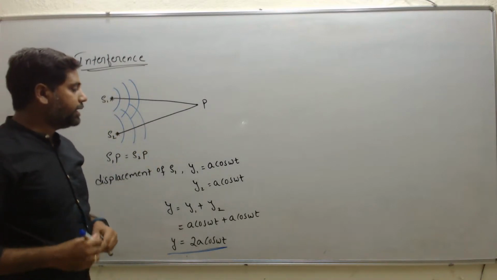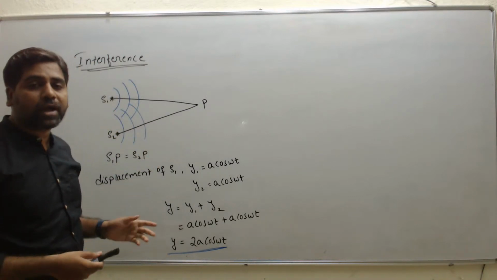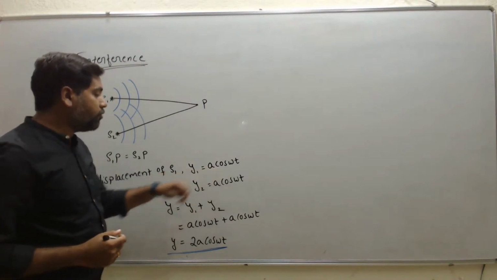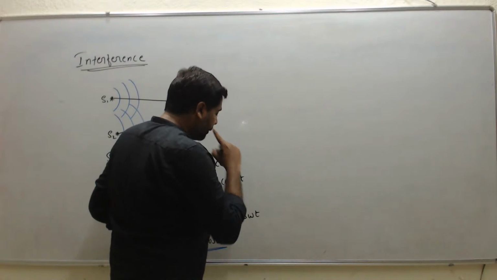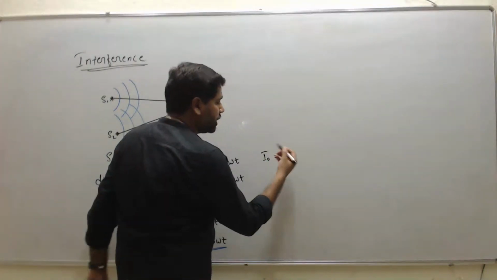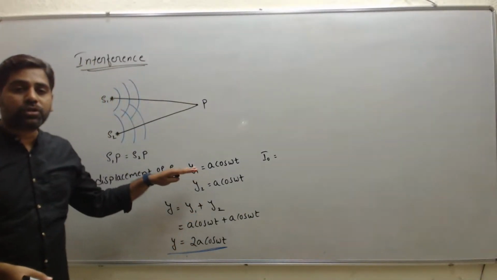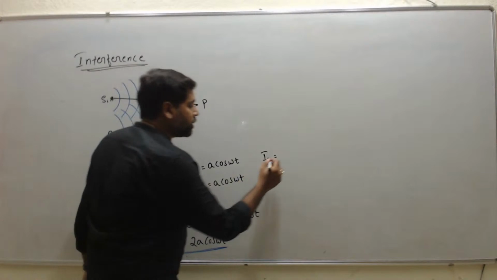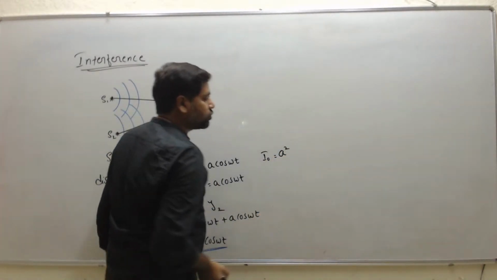So we know the intensity is proportional to the square of the amplitude. Then if we write the intensity for the wave 1, that is I naught, the intensity is proportional to the square of the amplitude. Here a is the amplitude, then the square of the amplitude is a square.